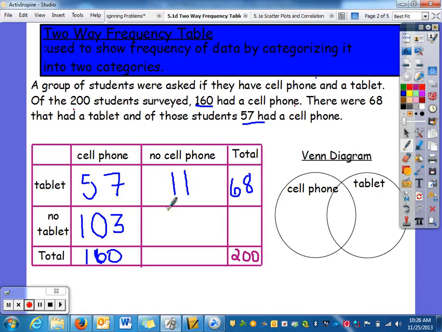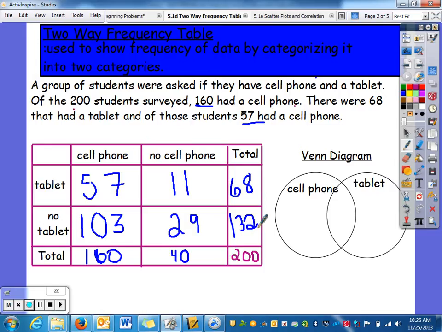And then here, we need to figure out what goes here. If you notice here, we have 160 here, and they need to add up to 200. So that means 40 have no cell phone here. Well, 11 plus these two need to add up to 40. So that would be 29. And then I get a total over here, which is 132.